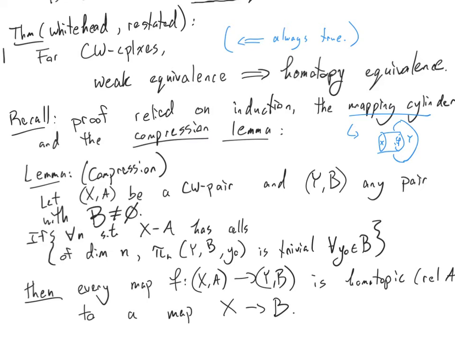But then we also found a way to use it even when f is not cellular by analyzing this mapping cylinder in general. But moving forward with the rest of this lecture, for this week, we're going to be talking about cellular approximation, which is one of the tools that we could have used to get Whitehead's theorem, but we weren't using it.